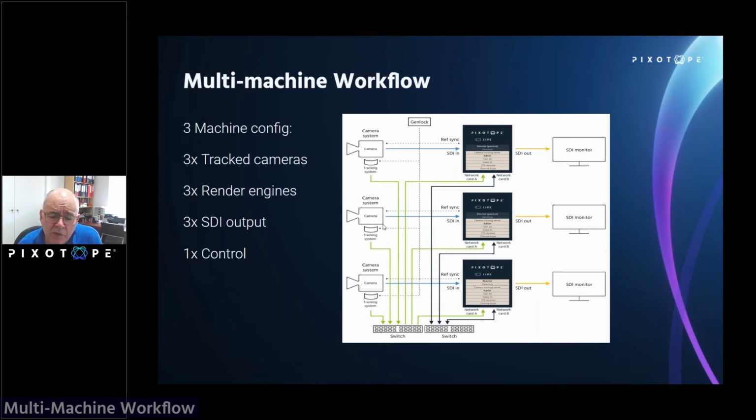So we had another system running in parallel, taking the same feed from the camera, the same tracking data, and duplicating the output. So that at any point we could have switched at the vision mixer and taken the backup output, and we wouldn't have lost the feed. Obviously, if that camera had fallen out of the sky, then that would have been a little bit more of a problem, but we also had another backup high and wide camera that could accomplish most of those shots.